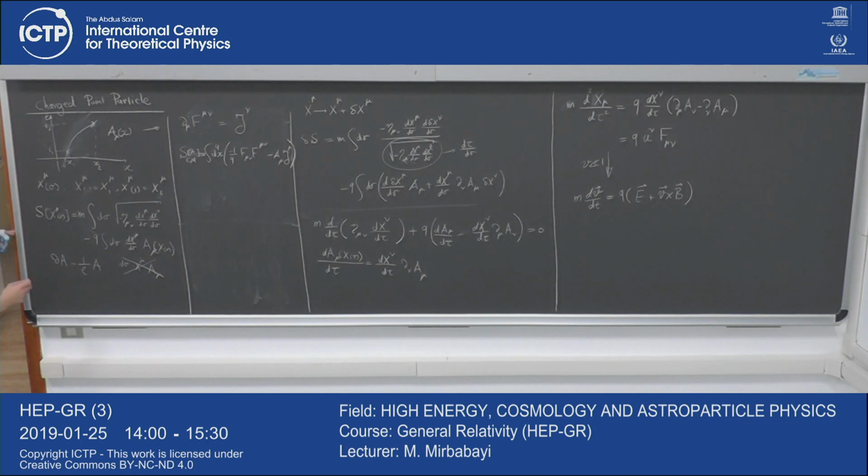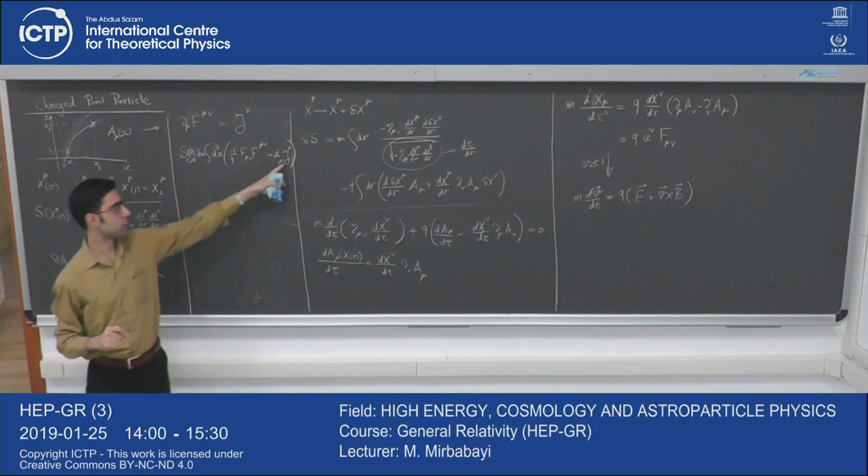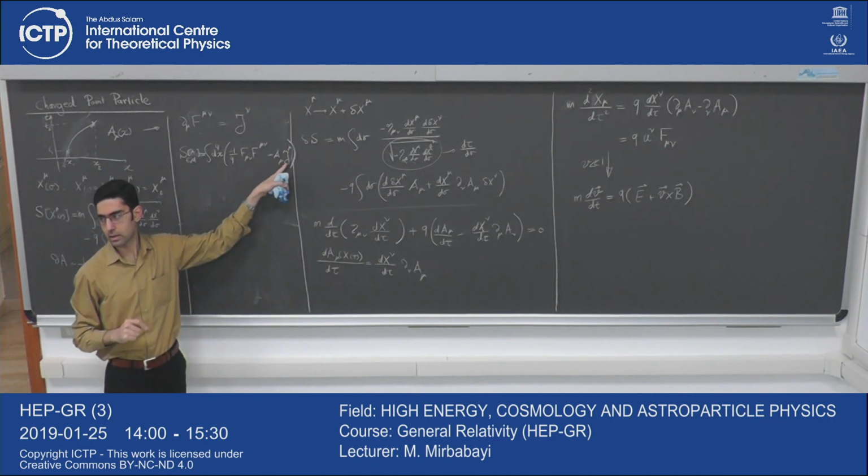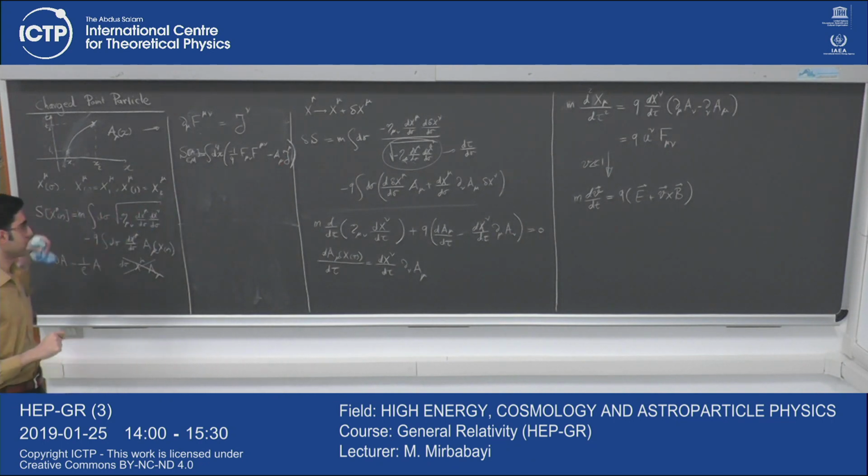Now, given a trajectory for this charged particle, and this coupling between the point charge and the background field, we can evaluate what would be the source term that sits in this action. Of course, this is something that is defined on the world line.